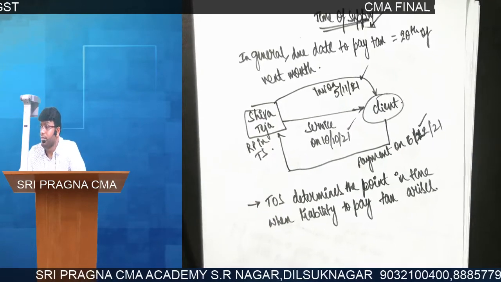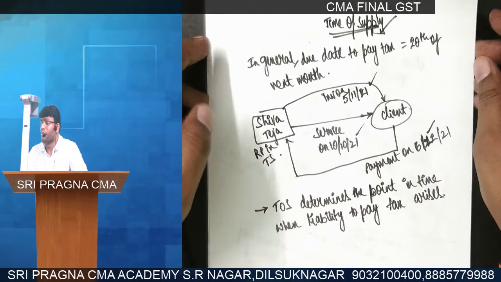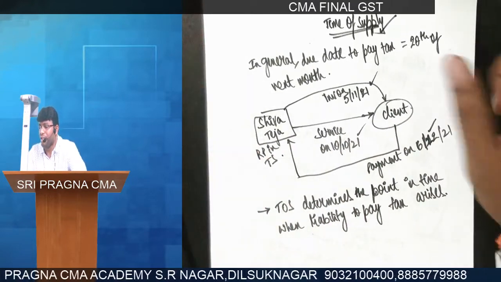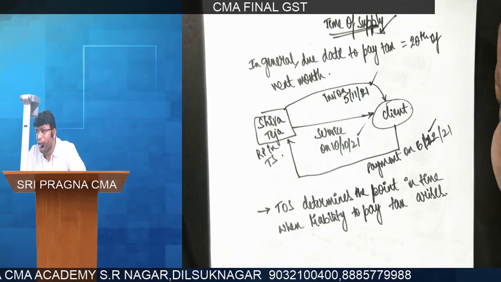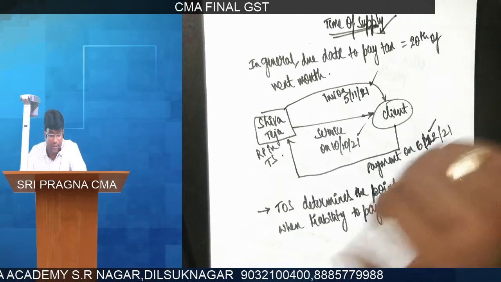So are we done? Good. So before I continue, just one or two more points I will add in composition scheme. Just write those points also. In points to be noted, we wrote three points. Yeah, add one more extra point.